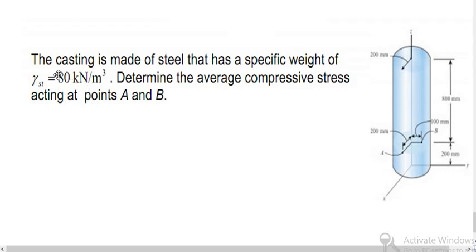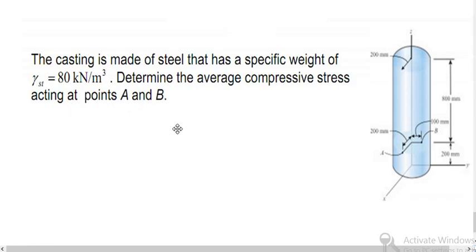For instance, this is the weight of one volume. So to get the total weight of the material, we need to multiply by the total volume of the material. That's what we mean by a specific property of a material, for instance, specific heat capacity and the rest of them.